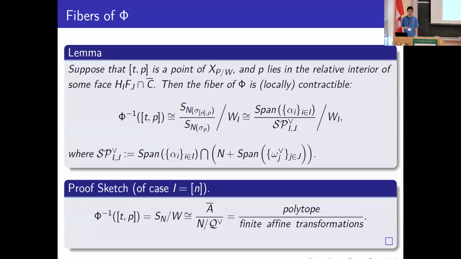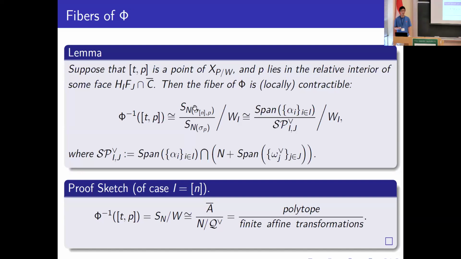And what are the other fibers? Here is the lemma. Suppose that TQ is a point of the fiber, TP is a point, and P lies in the relative interior of some face HIFJ. Then the fiber is contractible and locally contractible. More precisely, we can give the homeomorphism type of the fiber. This fiber is homeomorphic to the quotient of this torus.